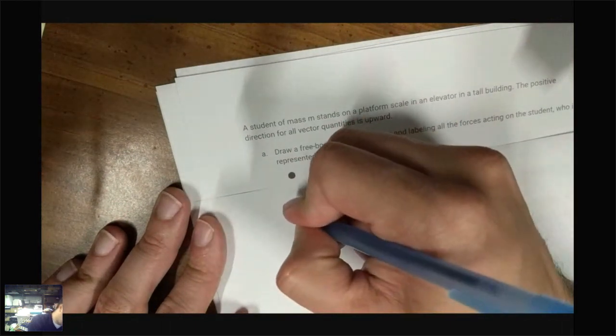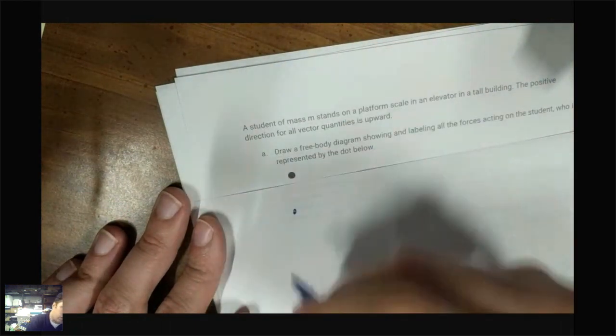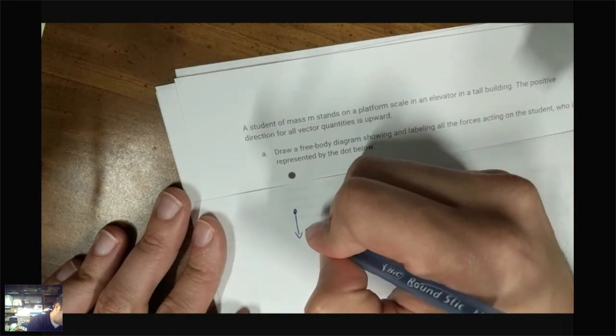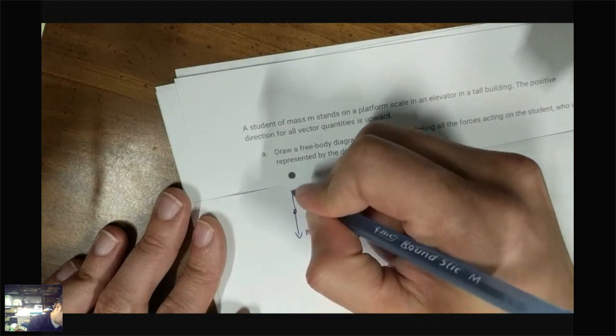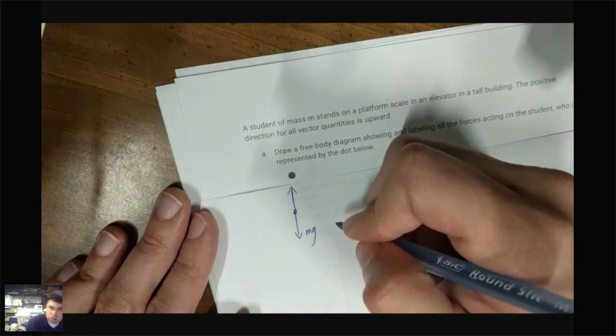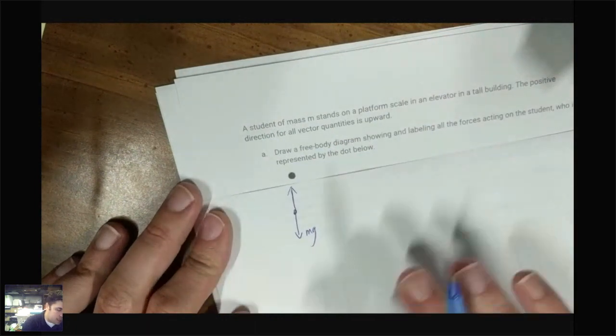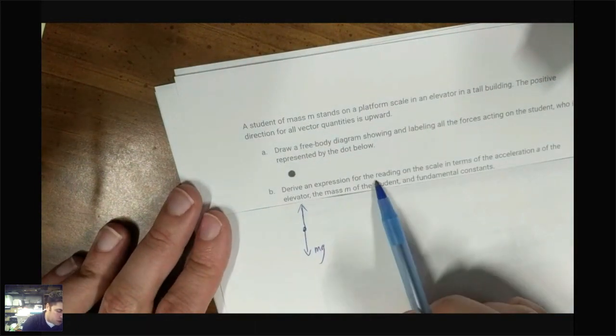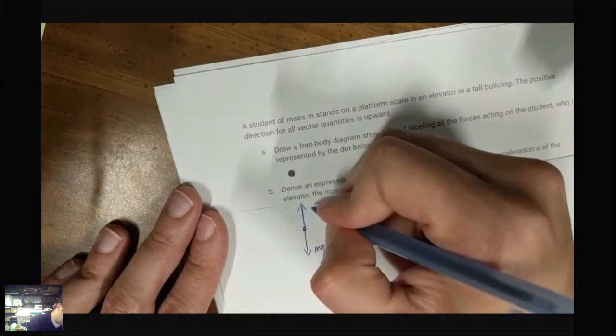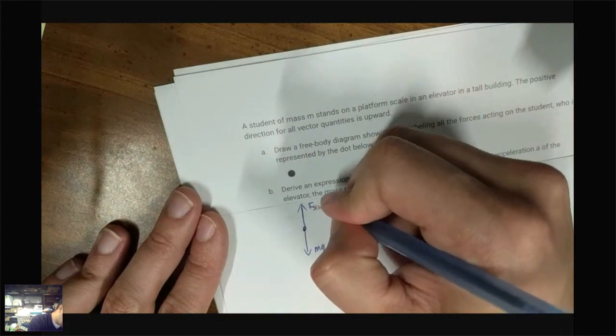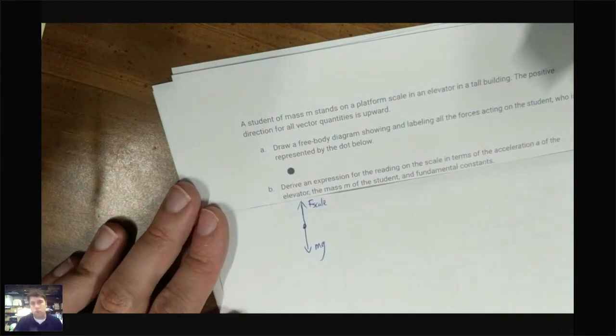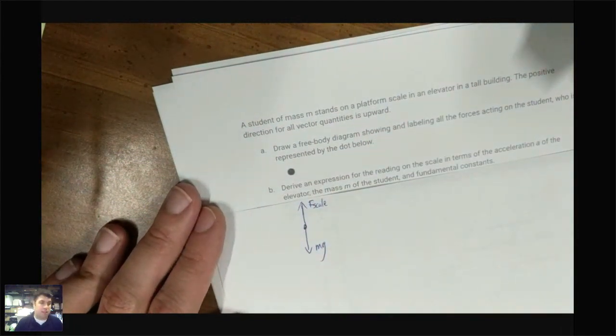All right. So, there's my student, we should have their weight going down, and we should have a normal force. In this case, since all the questions are going to be referring to it as the reading of the scale, I'm just going to call it F scale. Yes, it is a normal force. You could do Fn or capital N or anything like that as well.